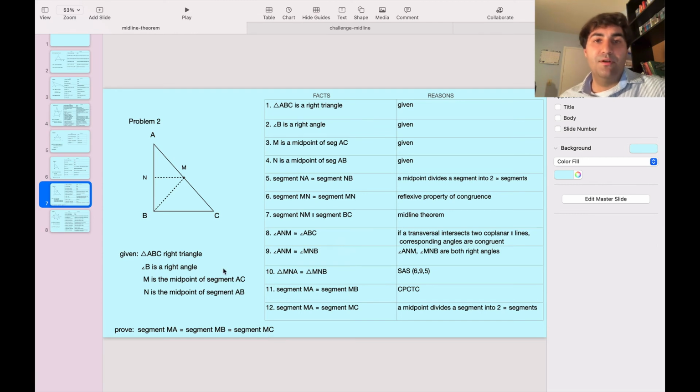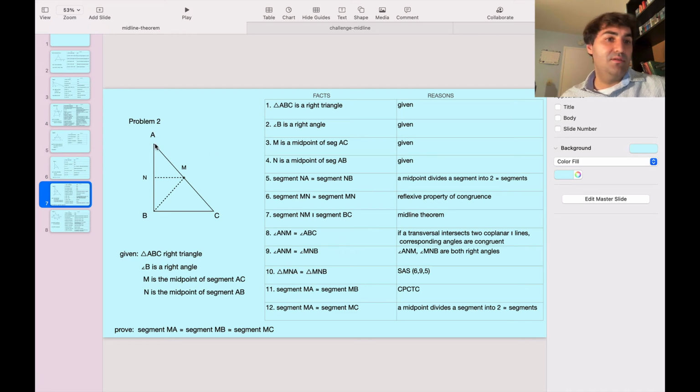So if you remember what a radius is, a radius of a circle is the set of all points that are equidistant from the center of the circle. What's interesting about this problem is we're given that this point M here is like a center of a circle that passes through points A, B, and C. So you'll have a circle that goes through these 3 points of the triangle.